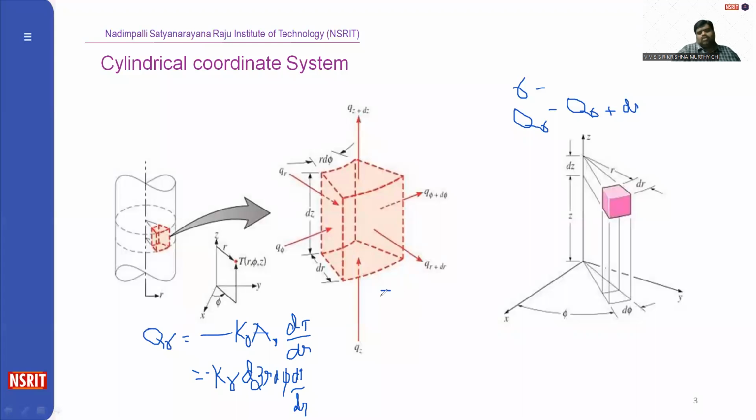Then how do we find q of r plus dr? In your mathematics you have seen the Taylor series expansion, that is f of x plus h is equal to f of x plus 1 by 1 factorial d by dx of f of x into h, plus 1 by 2 factorial d square by dx square of f of x into h square, and so on.